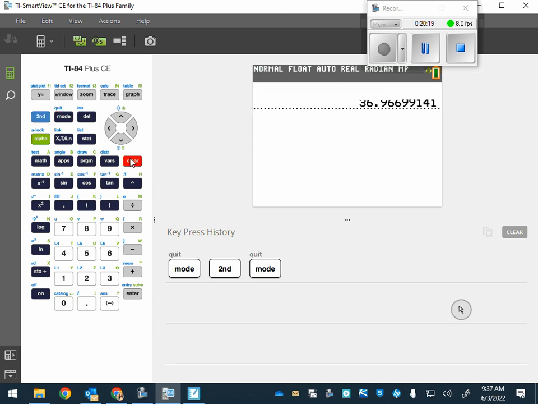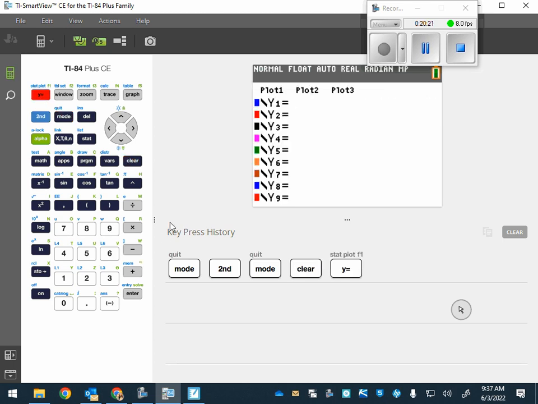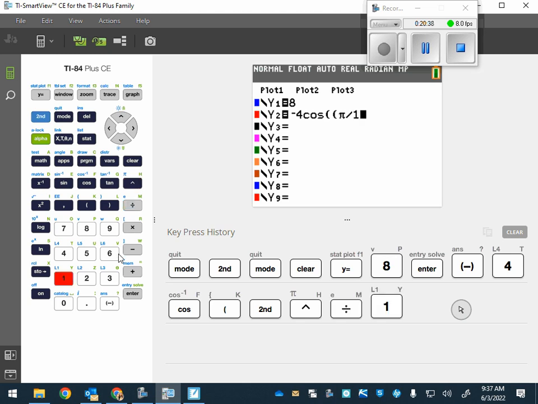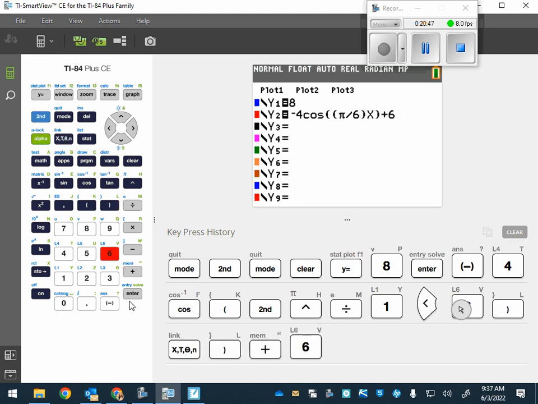So now, y equals, I want you to type in 8, or y2, it doesn't matter. y2, you're going to enter your equation, -4 cosine, second pi over 6, not 16, 6, x plus 6. Okay, calculate.